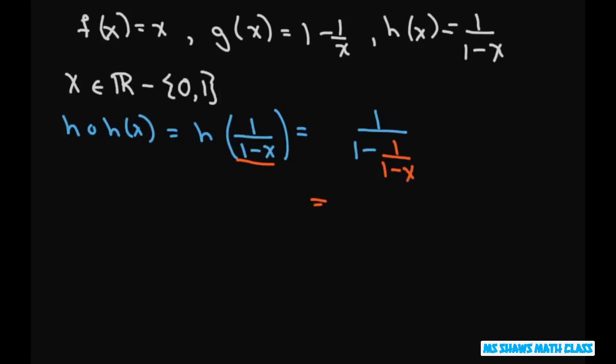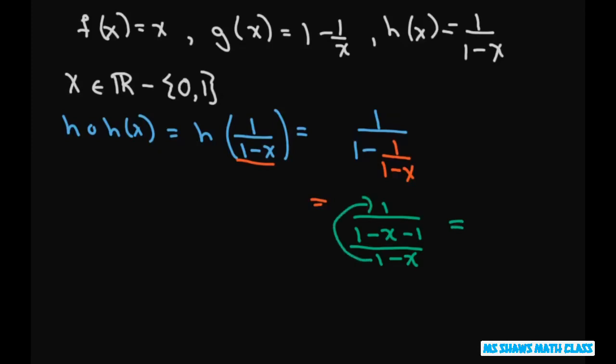Now I'm going to use a common denominator here of 1 minus x. So that's going to give you 1 minus x minus 1 divided by 1 minus x. So these ones will cancel.